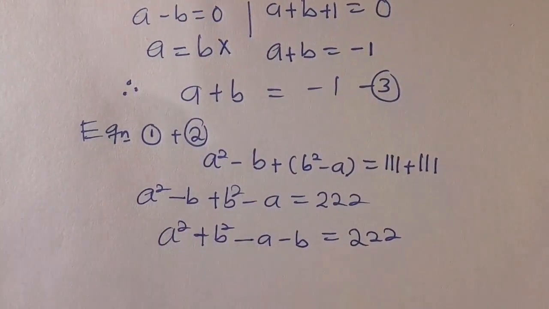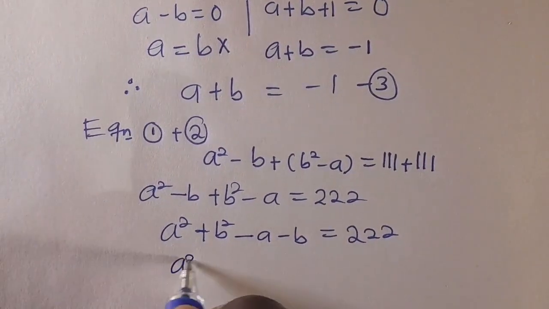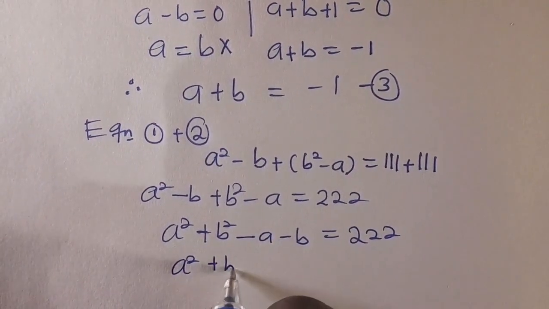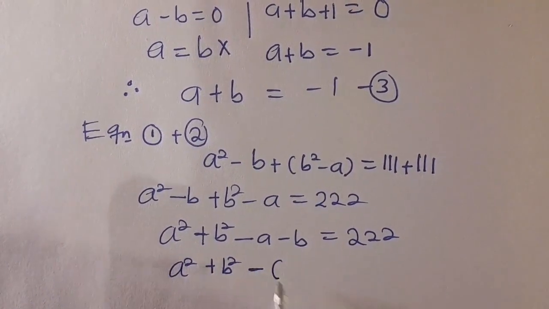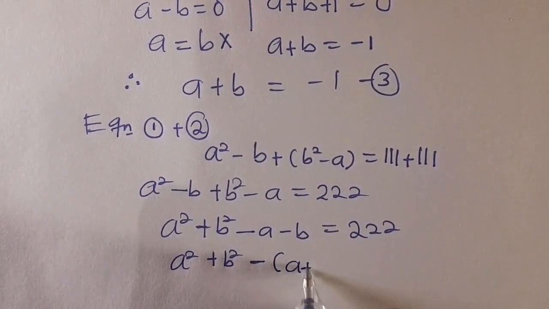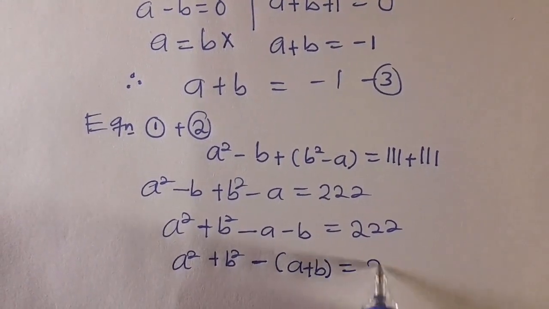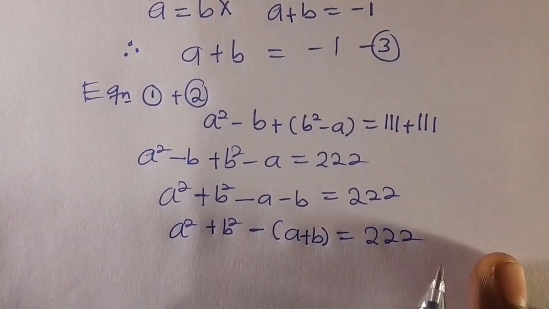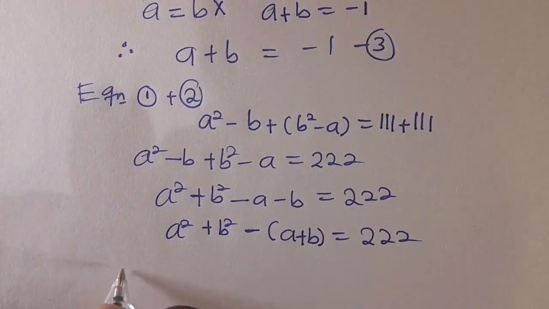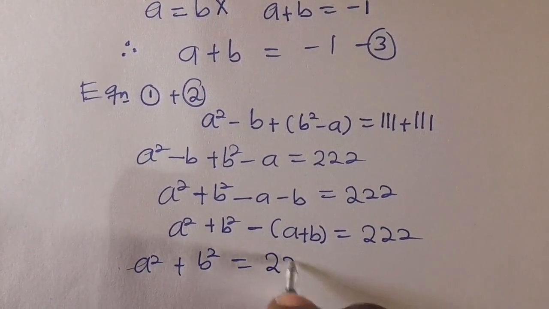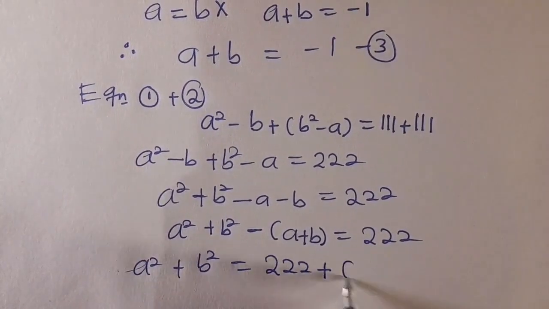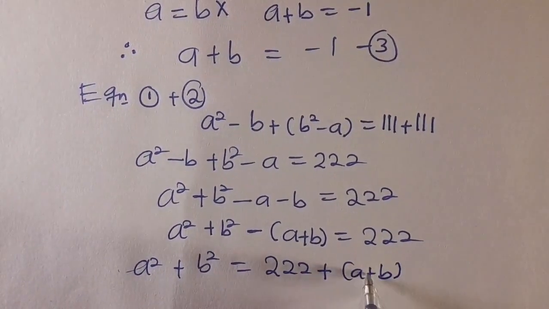So now we have a squared plus b squared, minus a plus b, equals 222. So I will have a squared plus b squared equals 222 plus a plus b.